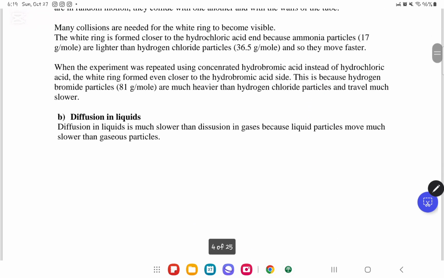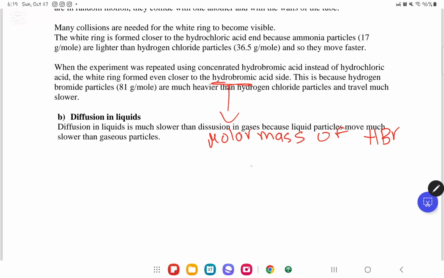Now, when the experiment was repeated using concentrated hydrobromic acid instead of hydrochloric acid, the white ring formed even closer to the hydrobromic acid. We can deduce from this that since it's forming closer to the hydrobromic acid, the molar mass of hydrobromic acid, which is, I believe, HBr, is greater than the molar mass of HCl.